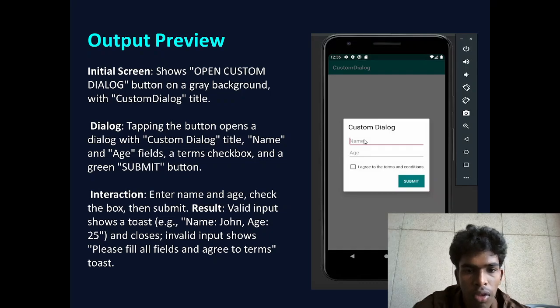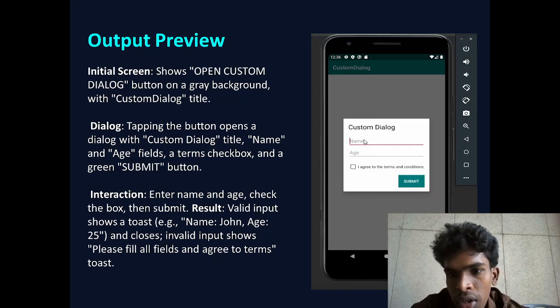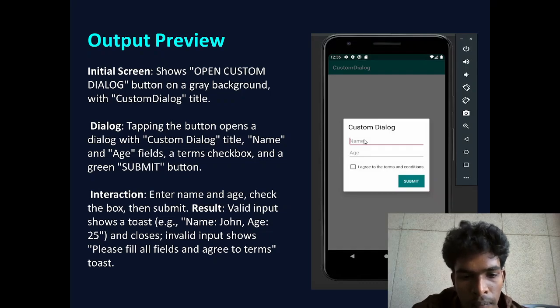So interaction. How the user is going to interact with this custom dialog: entering the name and age, clicking the box, then submit. By agreeing to the terms and conditions, only then is the dialog box going to perform the action. And if anything is invalid, it shows the invalid input message: please fill all the fields and agree to terms and conditions.